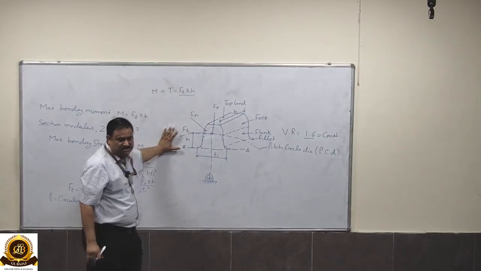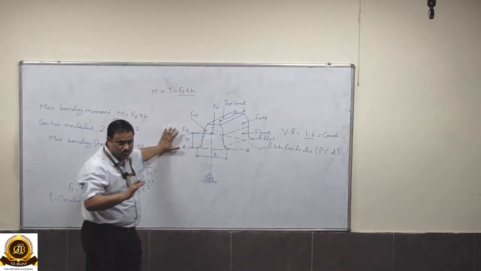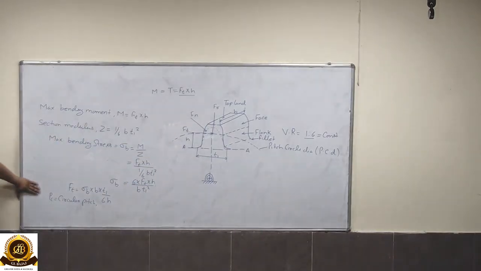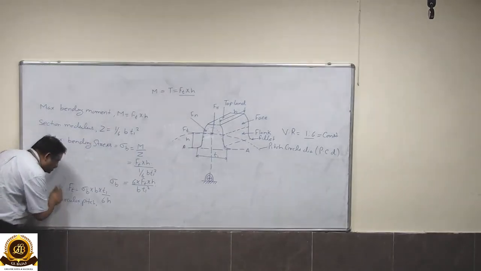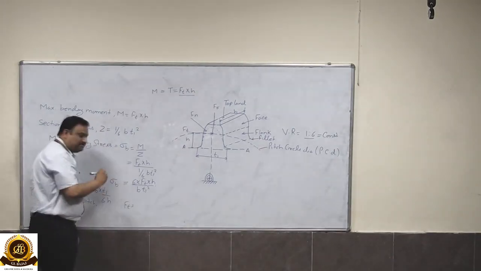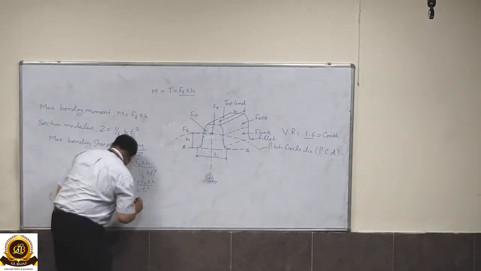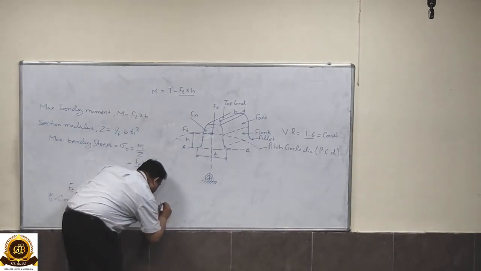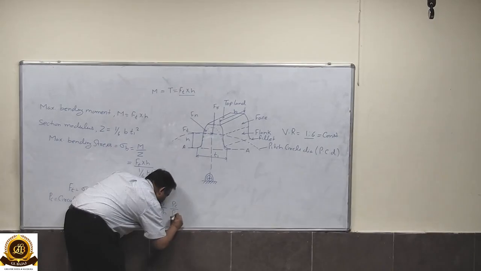Circular pitch is the distance between two consecutive teeth. It is constant throughout the section. So PC is the circular pitch, and let us multiply and divide this equation by PC. The equation will not be altered, and it becomes sigma B multiplied by B multiplied by T1 divided by 6 into h, so PC divided by PC.